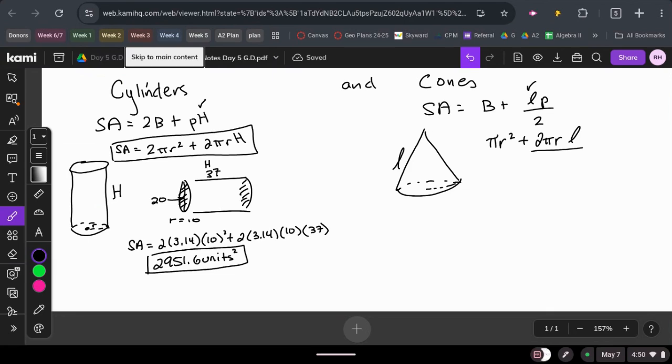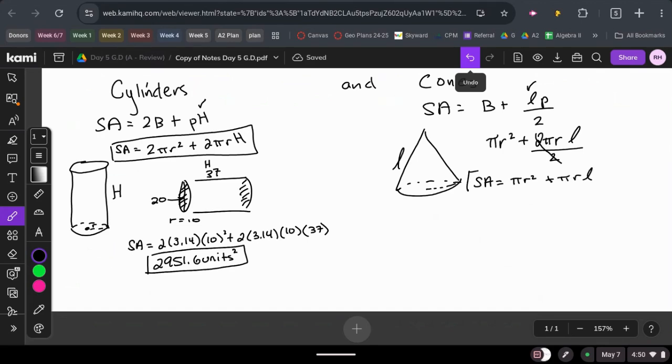But this is still divided by 2, so we can cancel those 2's out, and we get the surface area formula for a cone: pi r squared plus pi r l.